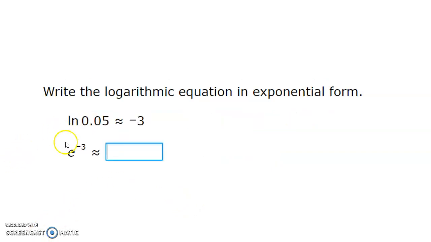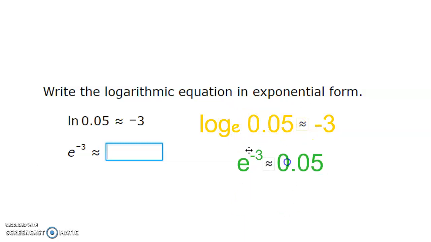Let's try one more example here. We've got a natural log, and we're going to convert it into the form of an exponential. So here it goes. Let's start off by rewriting this log with a log base e. Remember, natural log is the equivalent of log with a base e. Now that I have this log, we're going to convert it into an exponential, which means that this now becomes e raised to the -3 power is approximately 0.05.